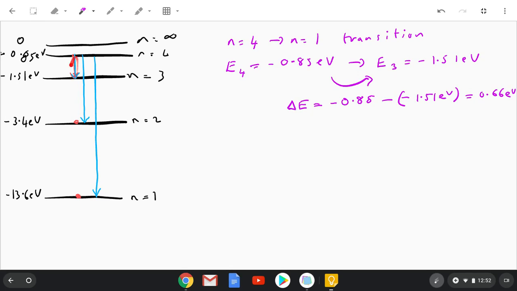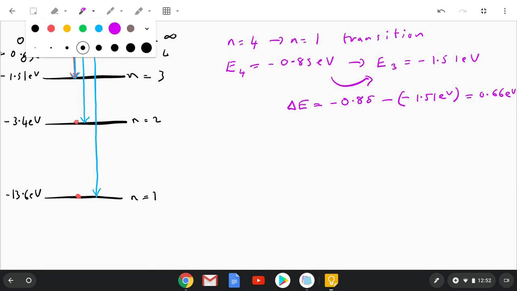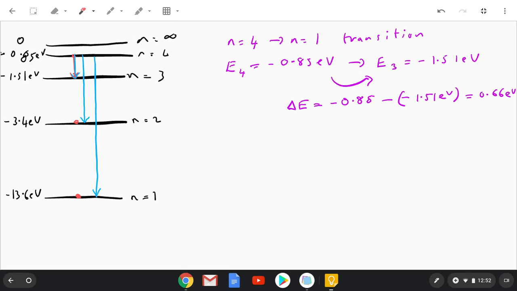Now I'm going to focus on just this for a few moments more. Now, as it jumps from the fourth level to the third level, so as it transitions from the n equals 4 to the n equals 3, it emits a photon.